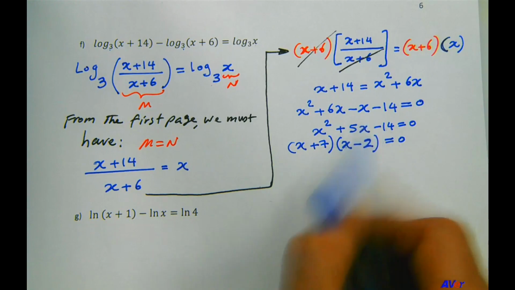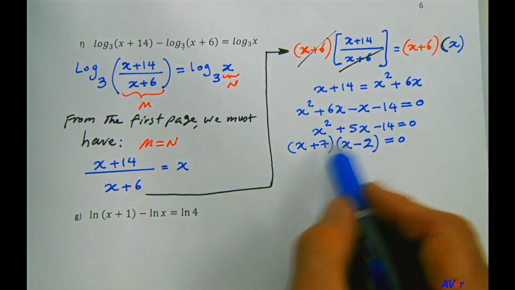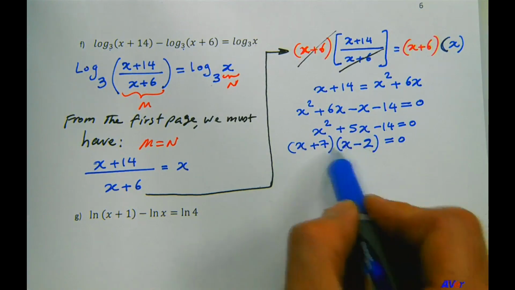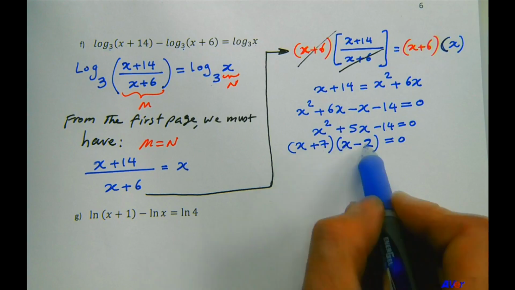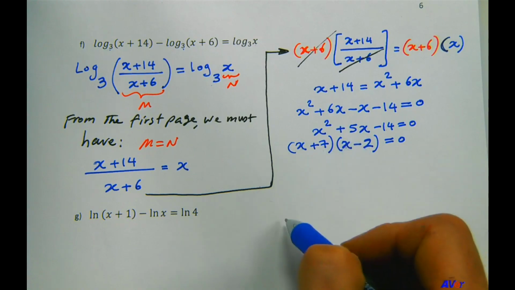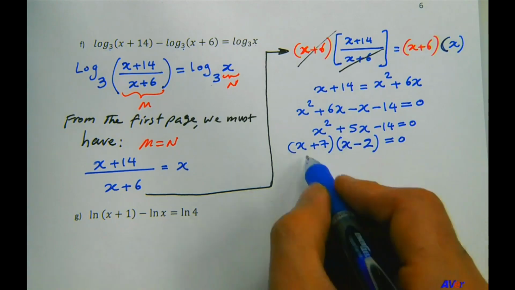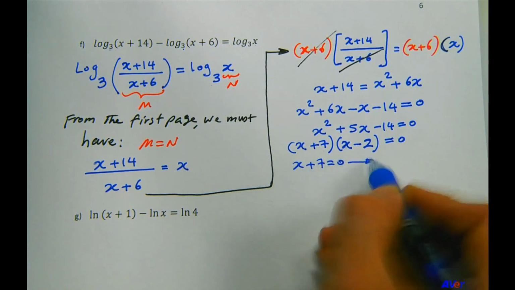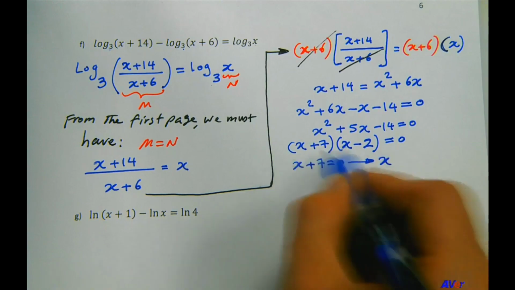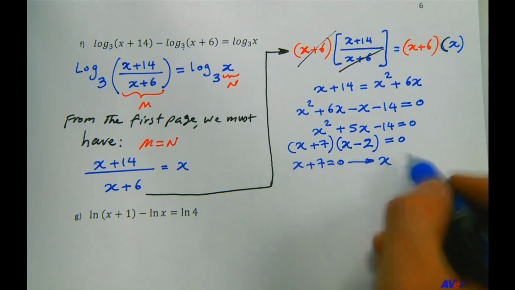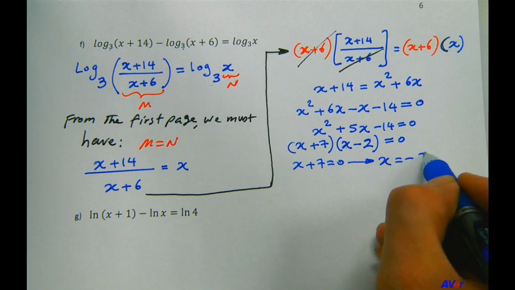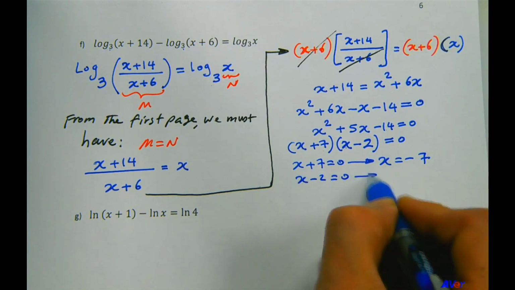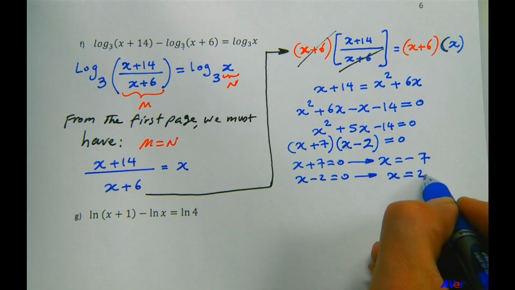Where is the 5x going to come from? It's going to come from x times minus 2, minus 2x, plus 7x. 7x minus 2x is positive 5x. So we got the factors. Now, if x plus 7 equals 0, applying the zero product property, x equals negative 7. If x minus 2 equals 0, then x equals 2.